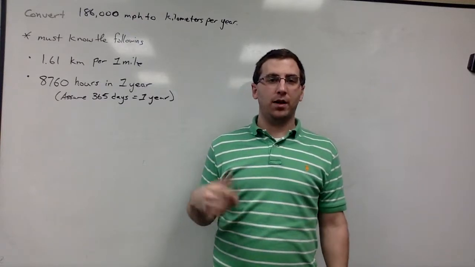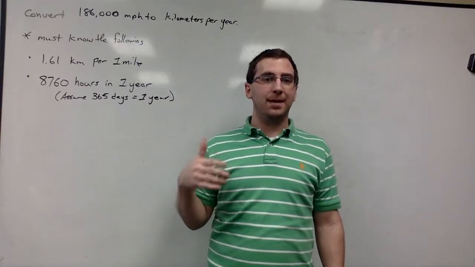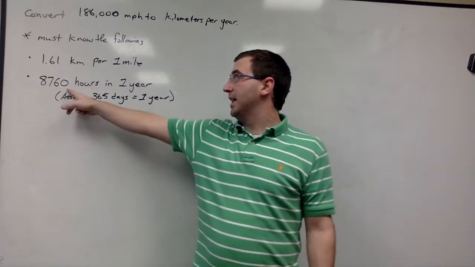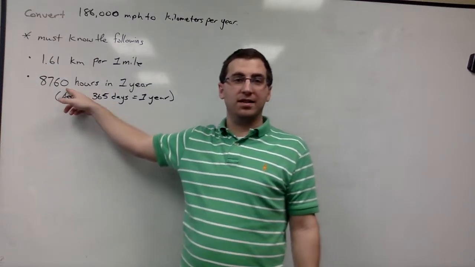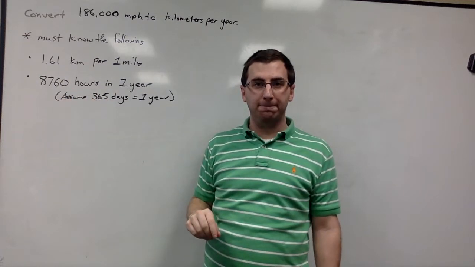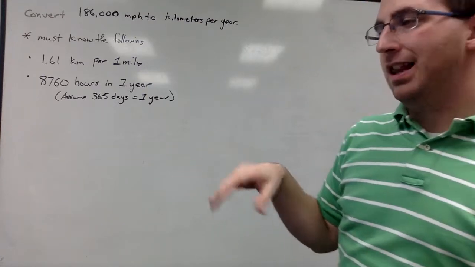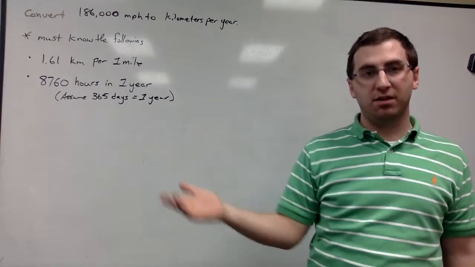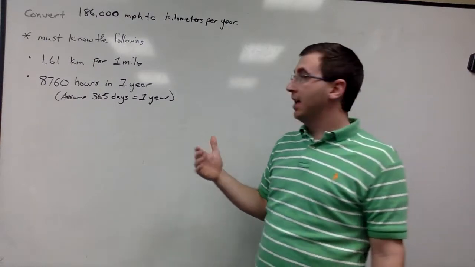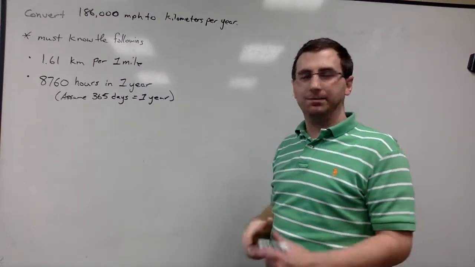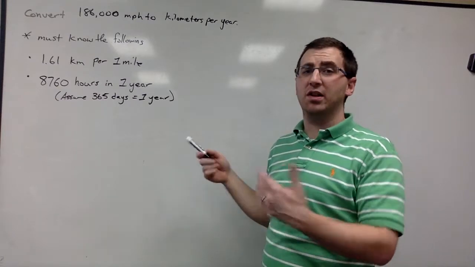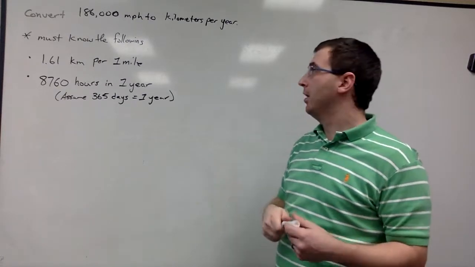So I took 24 hours times 365, and that's where we got 8,760 hours in 1 year. The conversion table gives you the amount of hours in 1 day and how many days there are, so you are able to go through that, but I just try to save you a step here. So you can add that to your conversion table if you wish to do so.